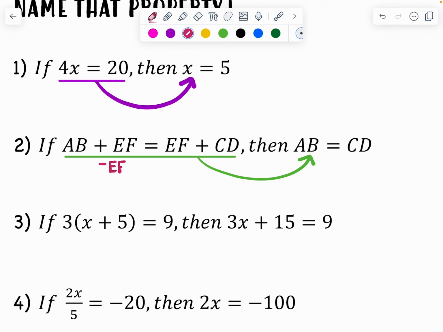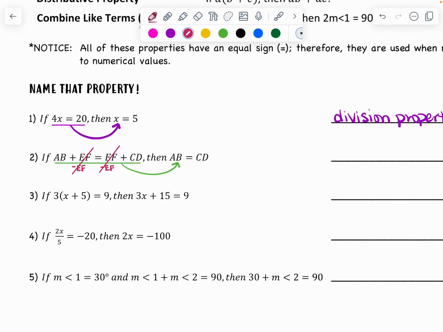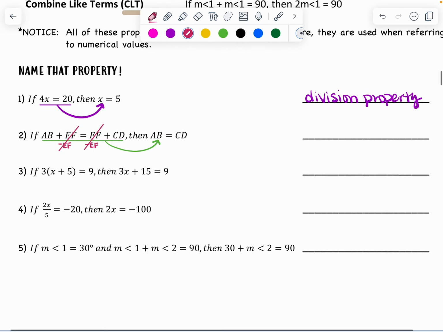I can subtract them from both sides, and then my EFs cancel each other out. It's kind of like having an x on both sides of an equation or a 2 on each side. I would subtract it away and the term would disappear, and that's what's happening here. So this is actually the subtraction property, because all I'm doing to get from my hypothesis to my conclusion is subtracting the same thing from both sides of an equation.